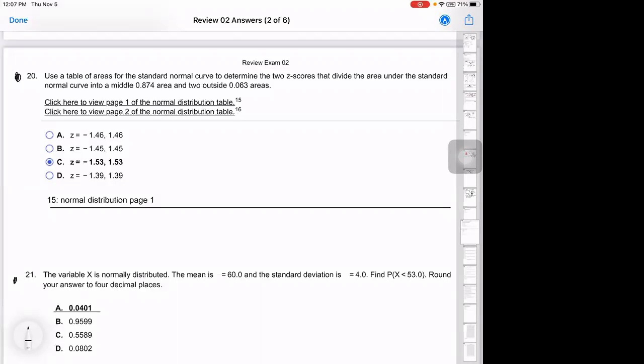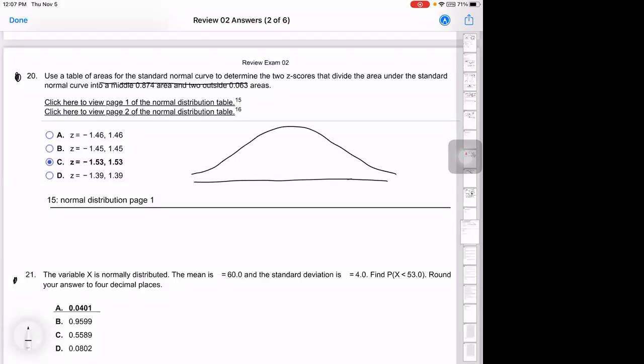Use the C table of areas of the standard normal curve to determine the two C scores that divide the area under the standard normal curve into the middle 0.874 area and two outside areas. This is the story they have mentioned.